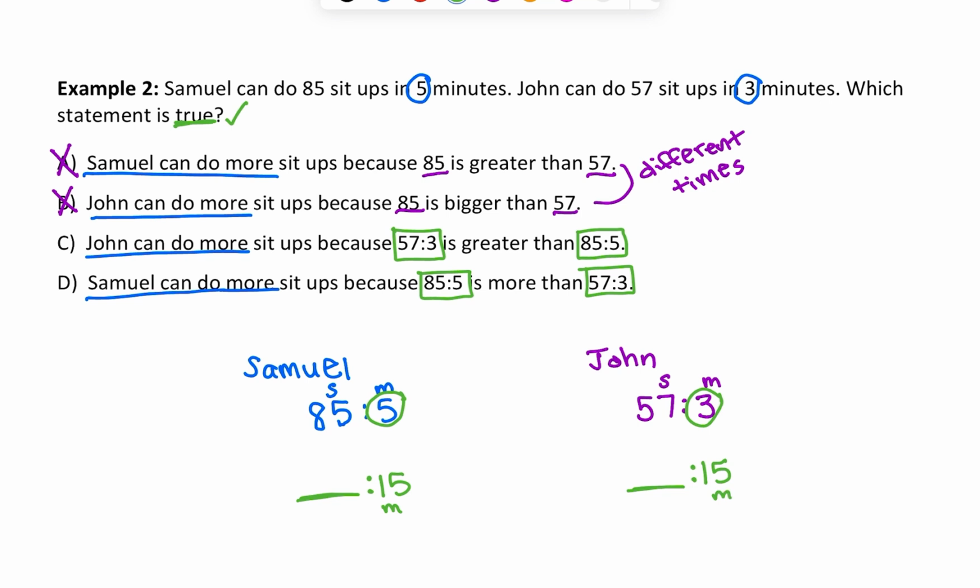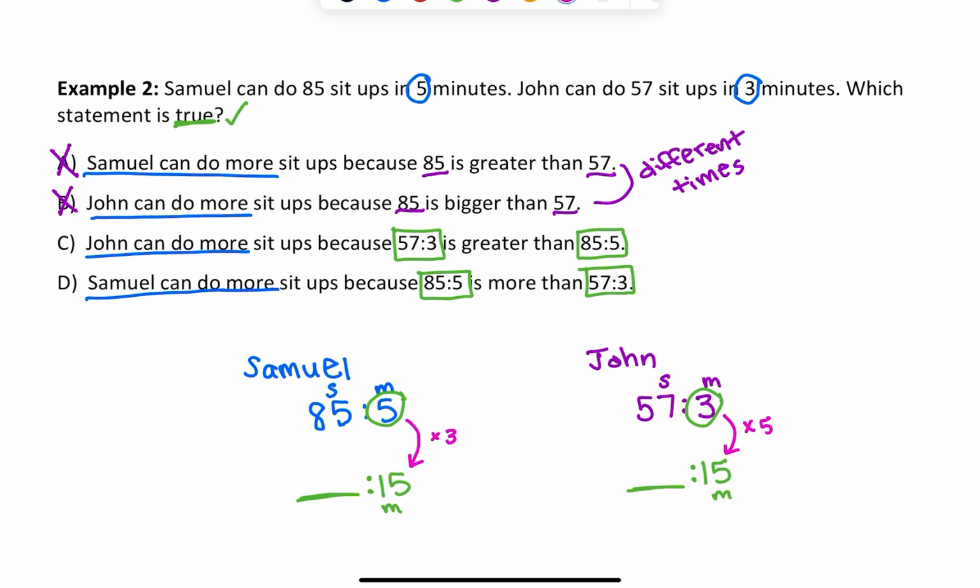So now I need to find my rule. How do I get from 3 to 15? How do I get from 5 to 15? What 5 times 3 gives me 15? Times 5. So that means if I'm multiplying by 5 on this side, I also have to multiply by 5 on this side.